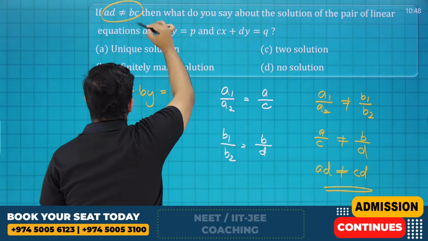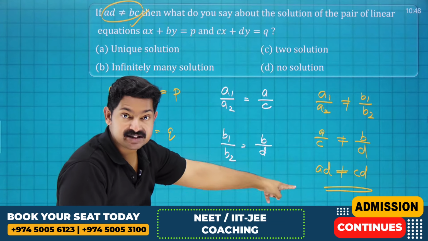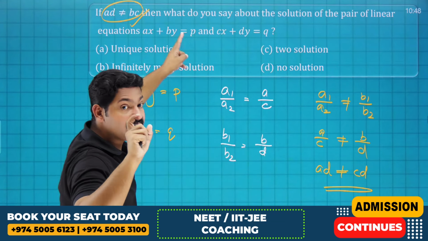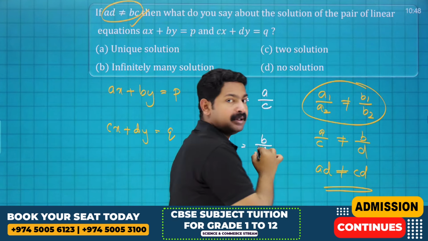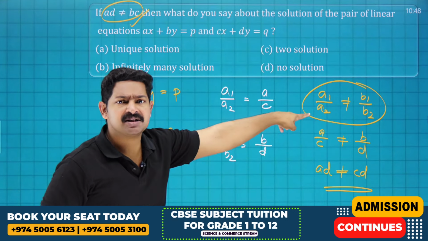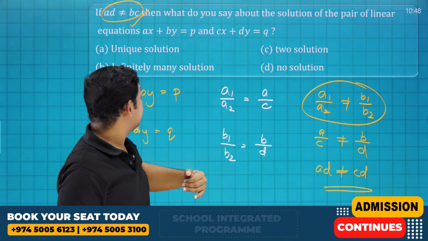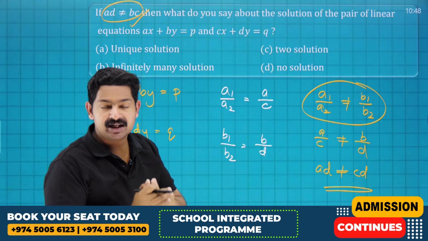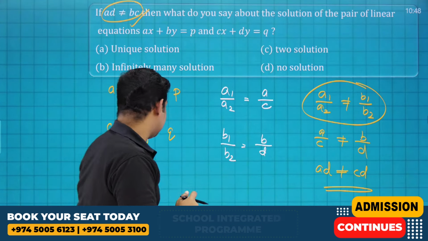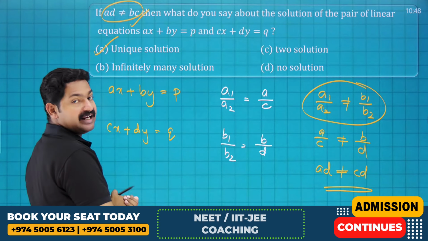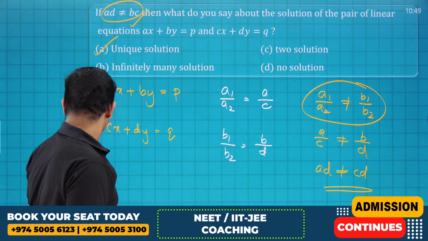So this is what is given here. That relation we will get only if we take A1 by A2 not equal to B1 by B2. If this condition holds, then there is a unique solution. The system is consistent and the lines are intersecting at a point. So option A is the correct answer.